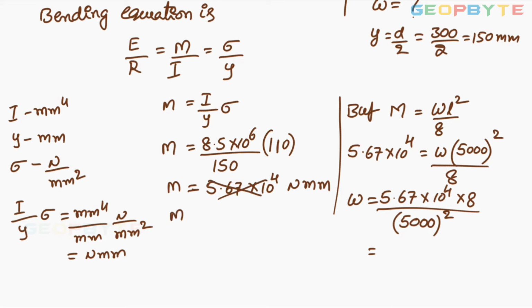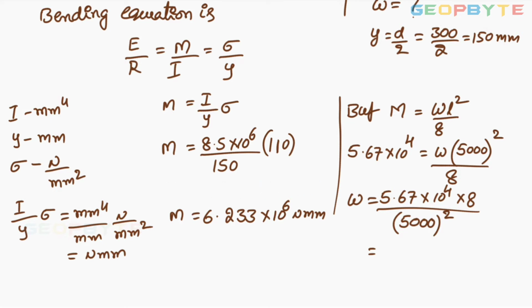The M value equals 6.233 into 10 raised to 6 Newton mm. Then you simplify for W, you are getting 1.996 Newton per mm.